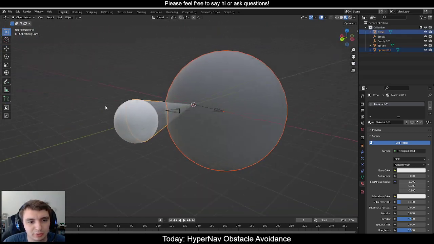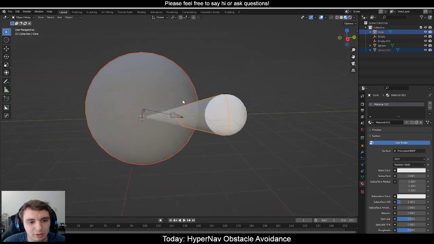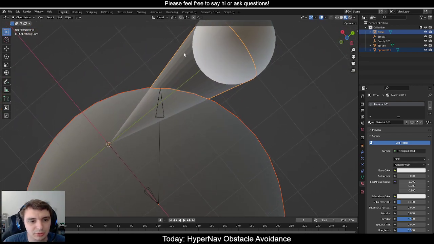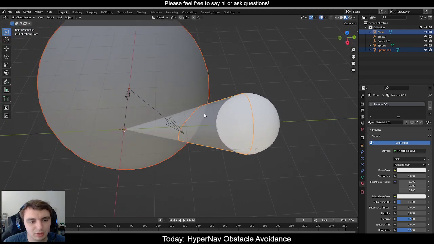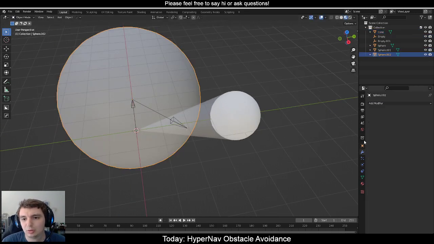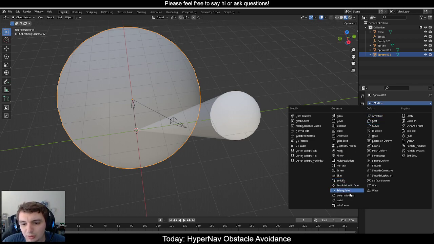Let's go ahead and compute the union of these two shapes. Or add modifier. Maybe I just want the intersection.